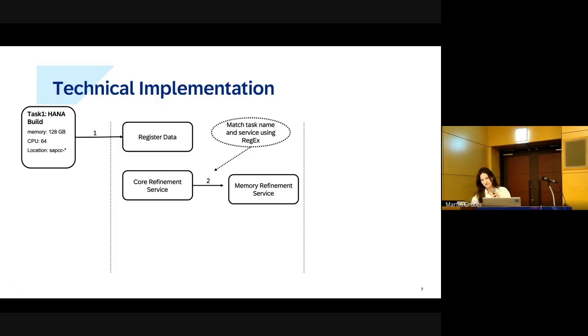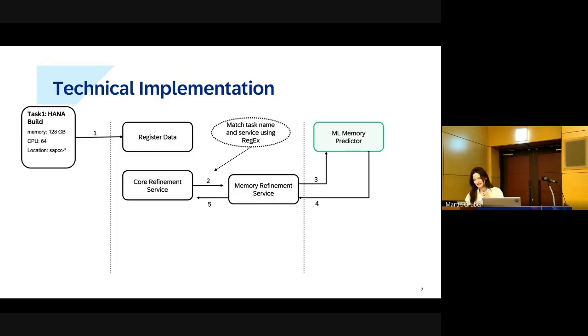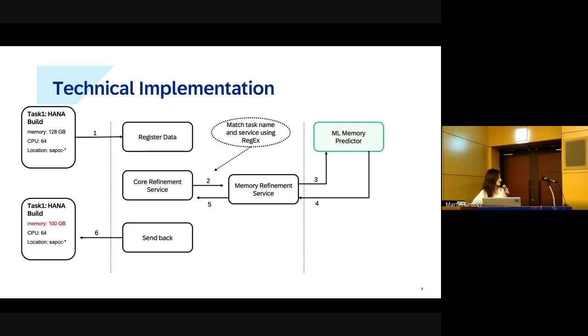Here we have 2 more services: a core service and a memory refinement service. The memory refinement service sends all the data to the machine learning memory predictor here. The memory predictor does its magic and then returns the data back.